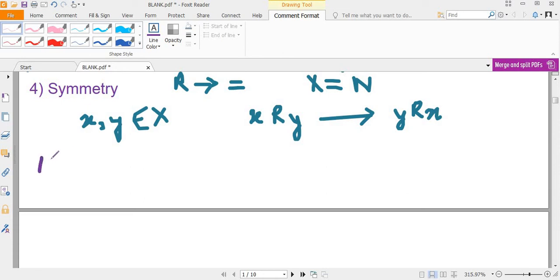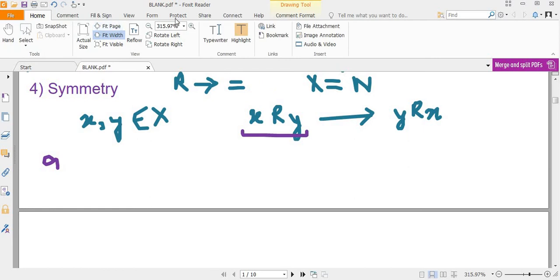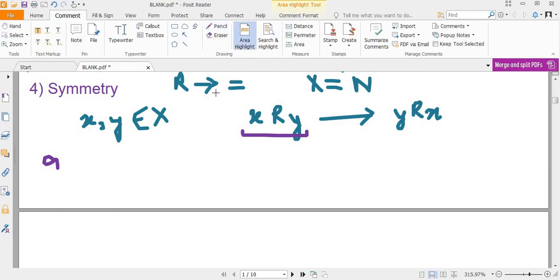Let's say I take the number 9. The trick is that I have to choose another y such that this relationship holds. I have to take x and y such that this holds.